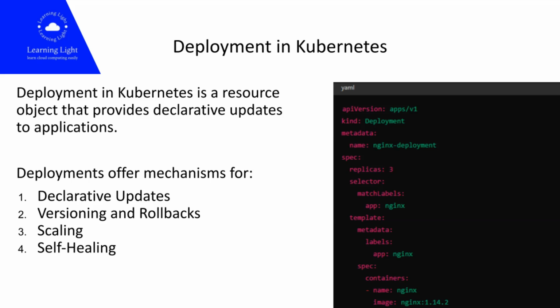It also has the capability of self-healing. Kubernetes ensures that the desired number of pods are always running. If failed or unresponsive pods are detected, the self-healing process will automatically spin up a new pod and make everything healthy.